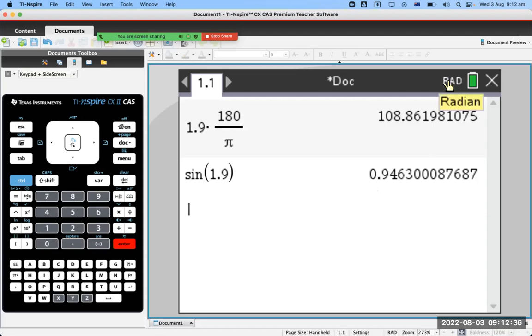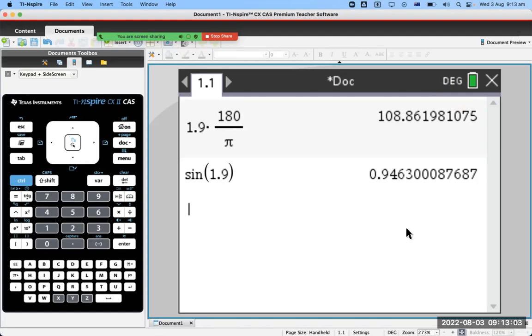Take note. In the top right-hand corner here, if you have RAD, that means your calculator is set in radians. If I click this, it changes to degree. Be very careful with this, especially if you are doing methods and general maths together, because you can get this wrong real quick if you don't switch the mode.